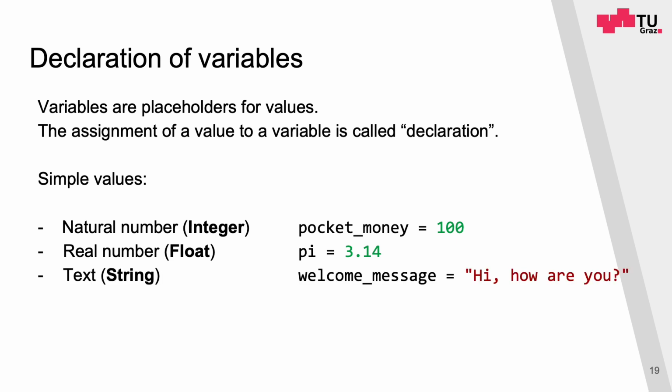Or as we have already done, we can declare a variable which holds a string by typing, for example, the variable name, which could be welcome_message equals to the text hi, how are you, in quotes. Or we can also define or declare a Boolean value, for example, using the variable name is_main equals to true.